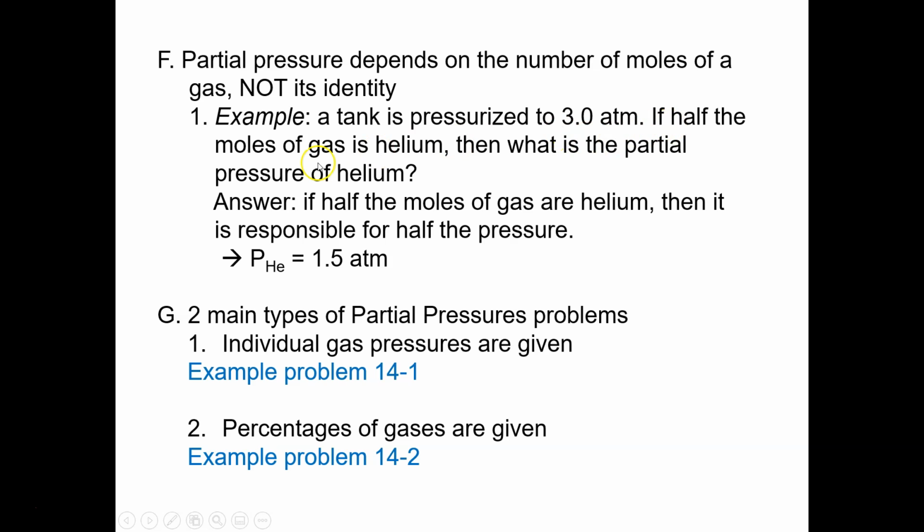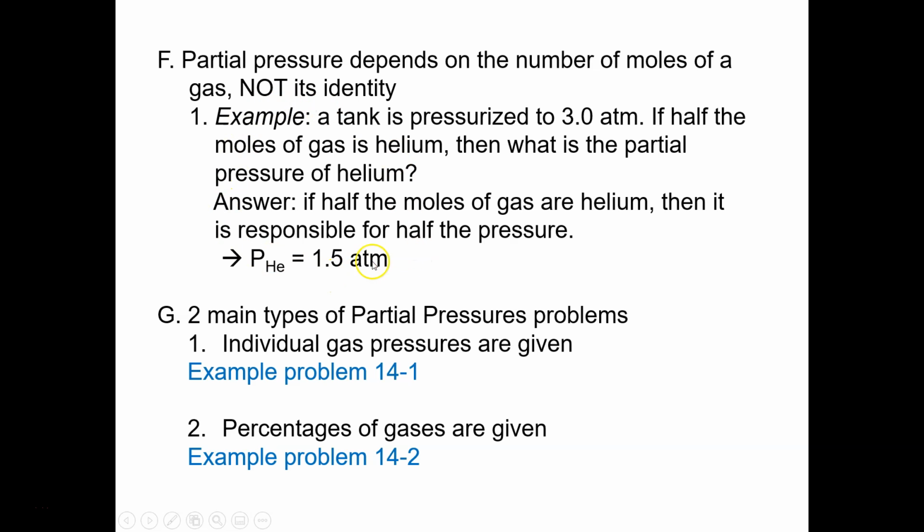I know that the container is 3 atmospheres, so the partial pressure of just helium is 1.5 atm, which is basically just 3 divided by 2.